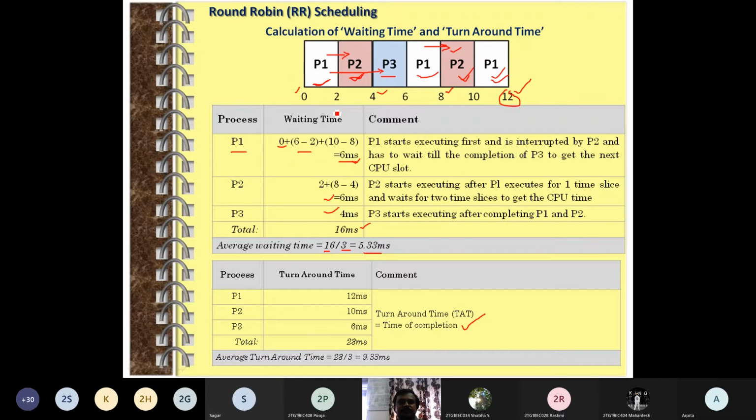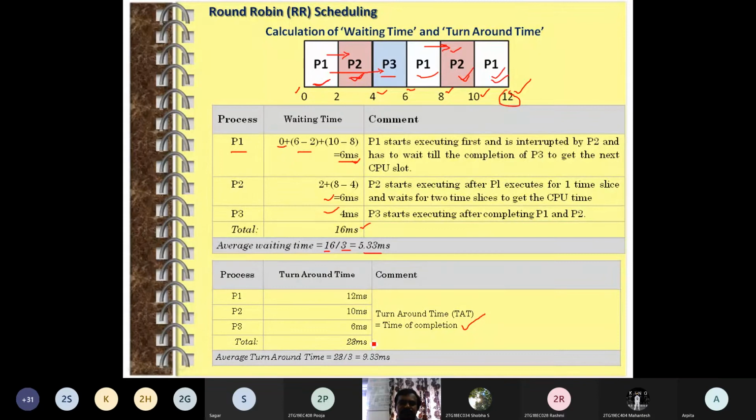Then what about P2? It is going to end at the 10th millisecond. What about P3? It ends at 6 milliseconds. Once the system starts executing all the processes, each process ends at these time periods. So the total turnaround time is 28 milliseconds.